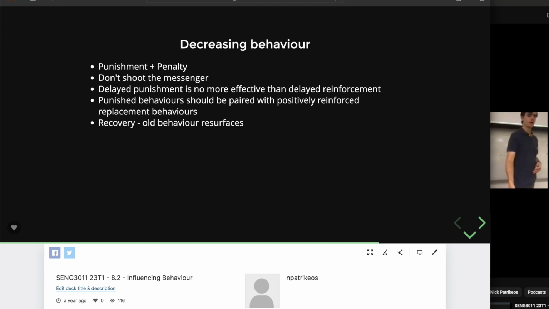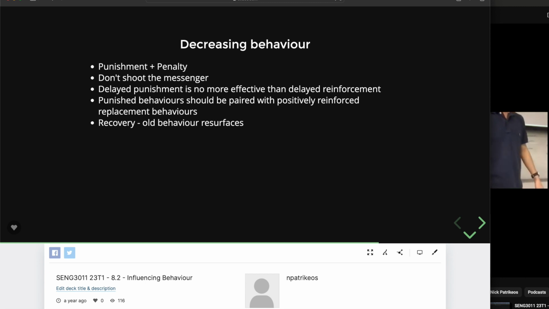Similarly, if a behavior is punished, it should be paired with a positively reinforced behavior, because punishment makes you stop doing stuff, right? You want people to start doing good stuff in place of that bad behavior. So all the good stuff needs to be positively reinforced. And then the last, just a minor point, is recovery when an old behavior resurfaces. An example, people who are addicted to alcohol and drugs, there's relapses and that sort of thing.